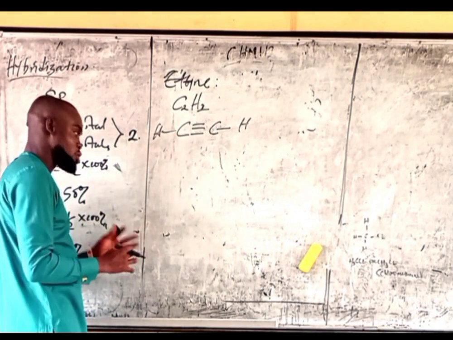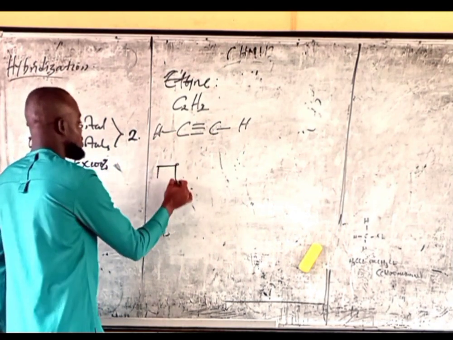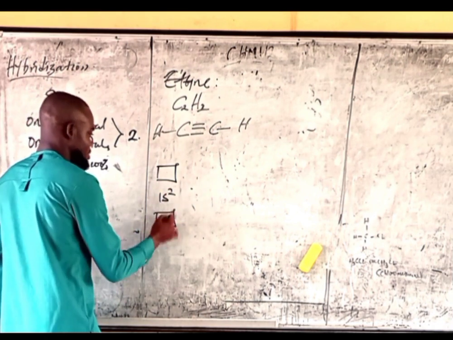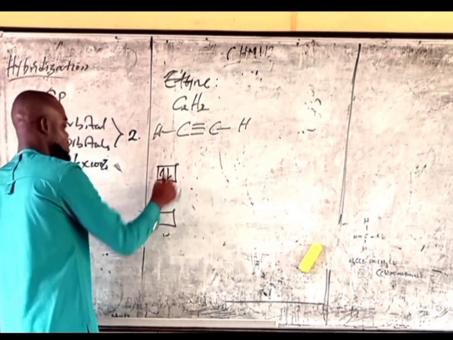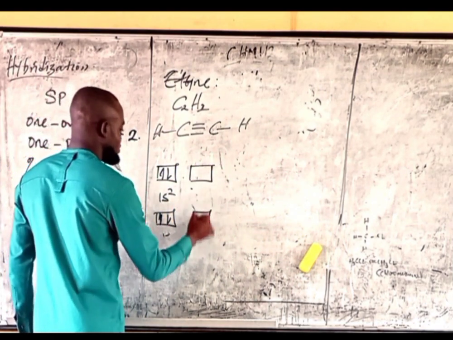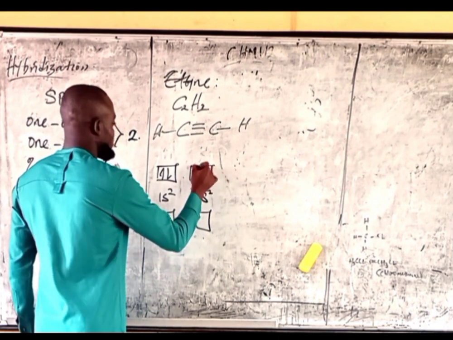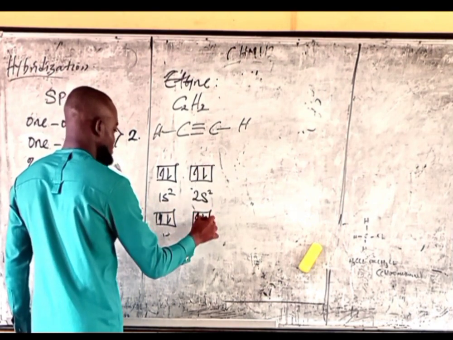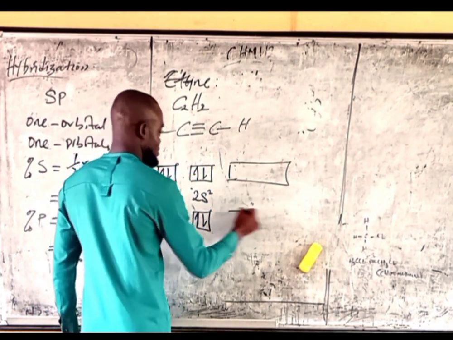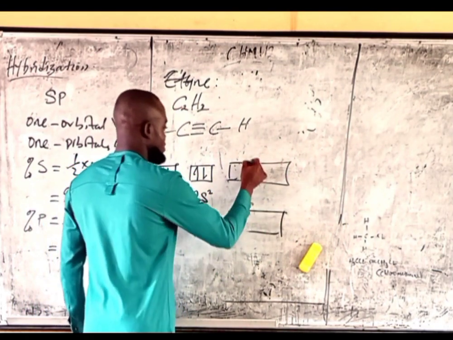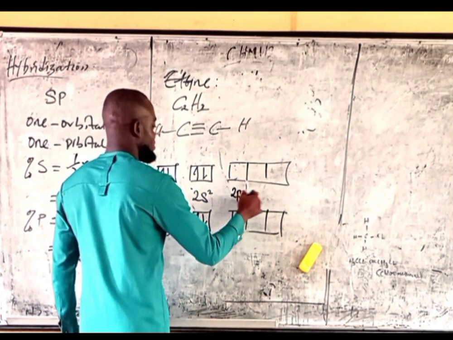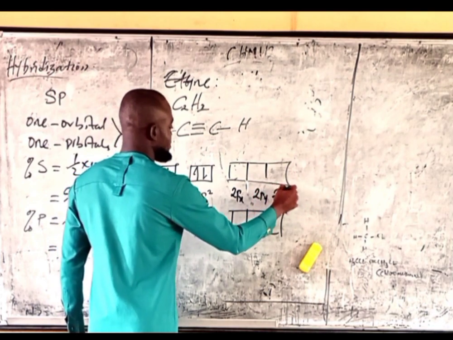So I'm going to draw the 2 carbons out first. You already know how to draw it. I'm drawing the first one and the second one this way, with 2s, and for the second carbon, the third one, I'm going to have 2px, 2py, 2pz.